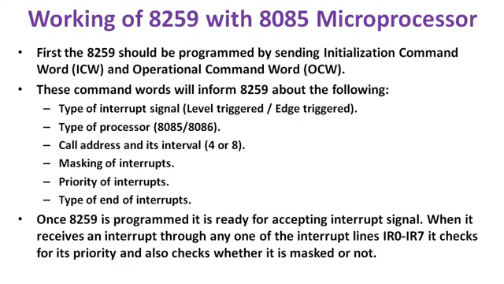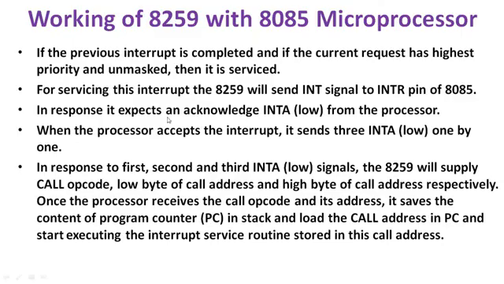Otherwise, if IR0 has lower priority and a higher priority interrupt is being serviced, then it will not inform the 8085 processor to give service to the IR0 interrupt. If the previous interrupt is completed and the current request has the highest priority and is unmasked, then it is serviced.